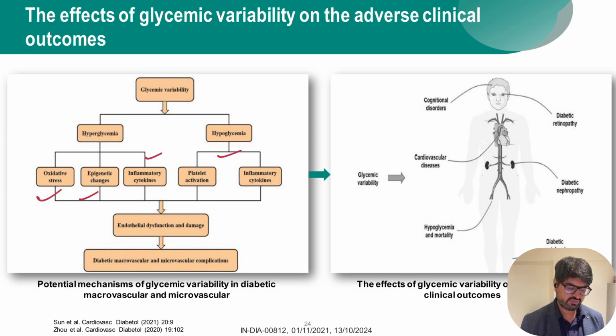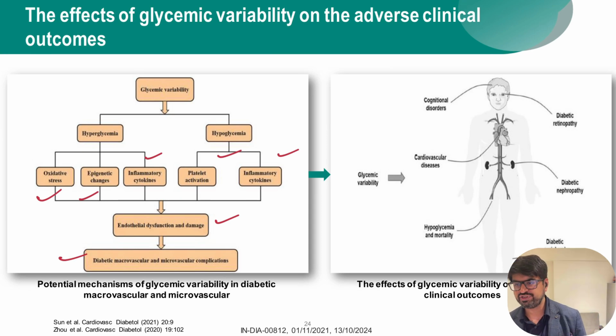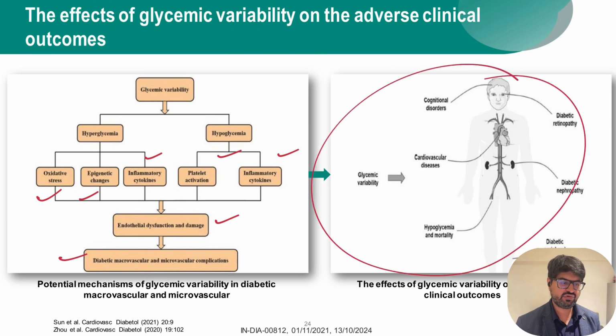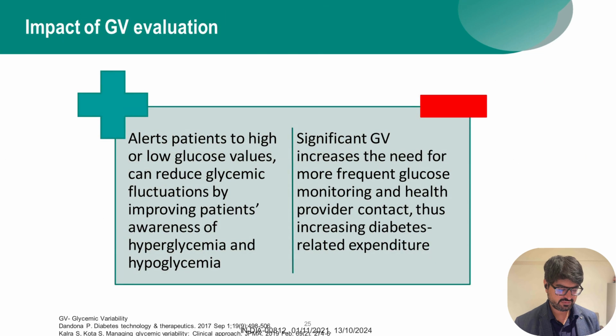Hypoglycemia can lead to platelet activation, inflammatory cytokines, and cardiac changes as well. All of this can lead to endothelial dysfunction, and that contributes to the diabetic microvascular as well as macrovascular complications, right? So a lot of the complications that you see with diabetes are contributed by glycemic variability, definitely beyond HbA1c.